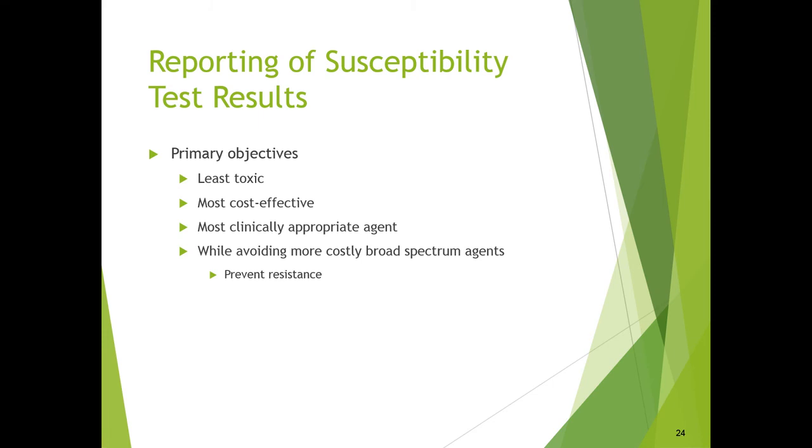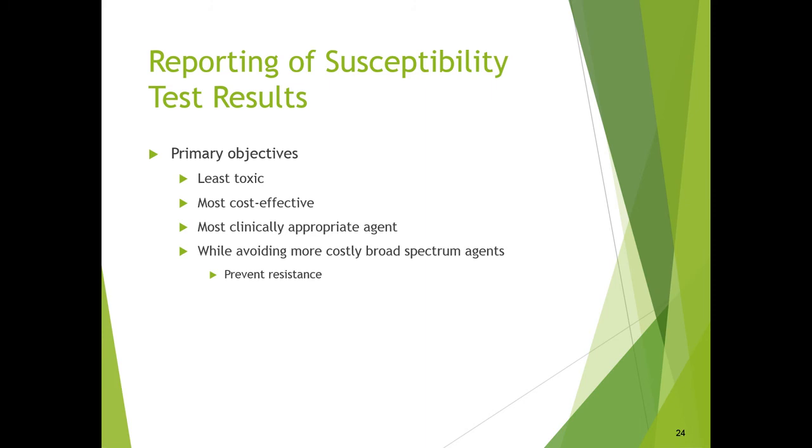What's clinically appropriate for whatever agent: you would treat an infection with Serratia marcescens differently than you would an infection with Staphylococcus aureus. So use what is appropriate for what's causing the infection.